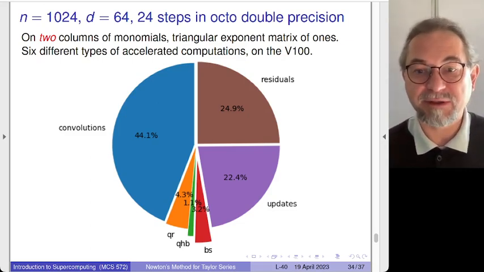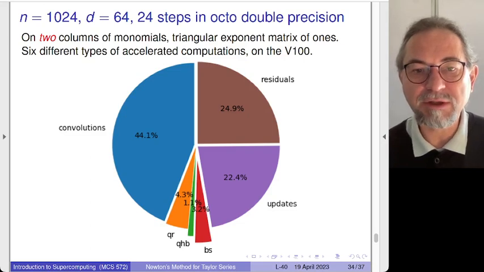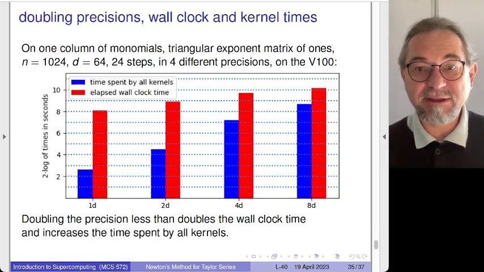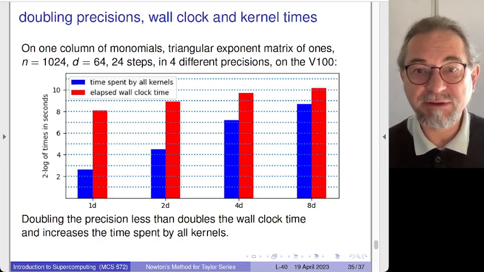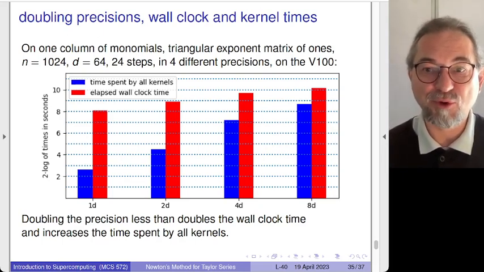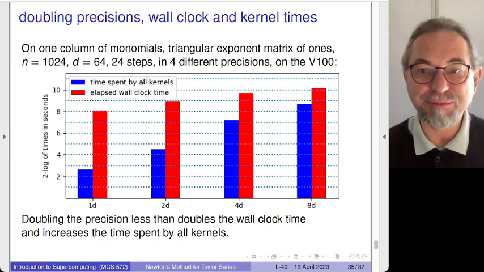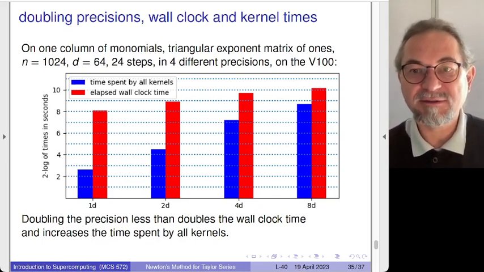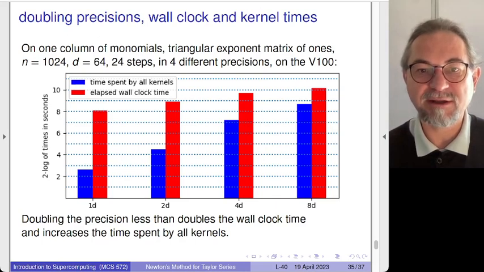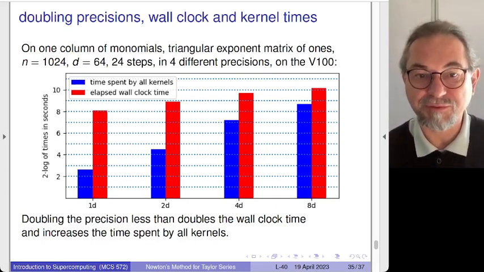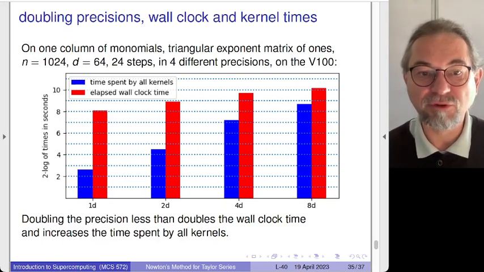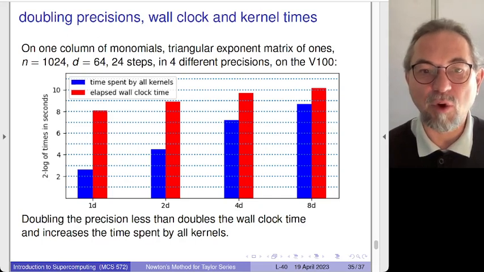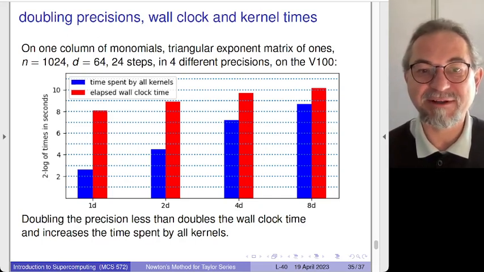The fact that that gets more and more dominant as the size of the system grows is very promising. Okay. Nice thing here, if you double the precision, the problem becomes more and more compute bound, and the GPU can absorb the extra cost overhead. So that's, from the application perspective, the most significant part. So in going from double double to quad double, you can see that the wall clock time, the red bar, is the bar that you should look at.